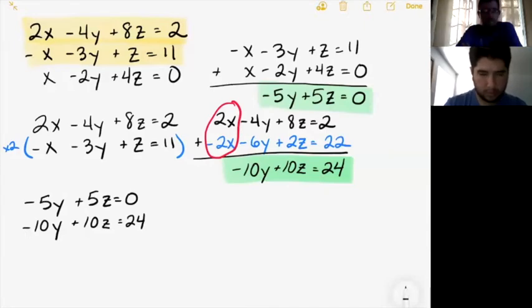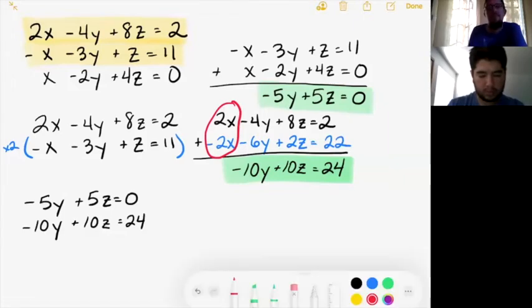The first one. Okay, what can I do with the first equation to do some elimination? What would I need to multiply by? Two. Right, if I multiply the top one by 2, I will get a negative 10y and a positive 10z. So to make them eliminate, I need to multiply by -2. -2, so that I change the signs.